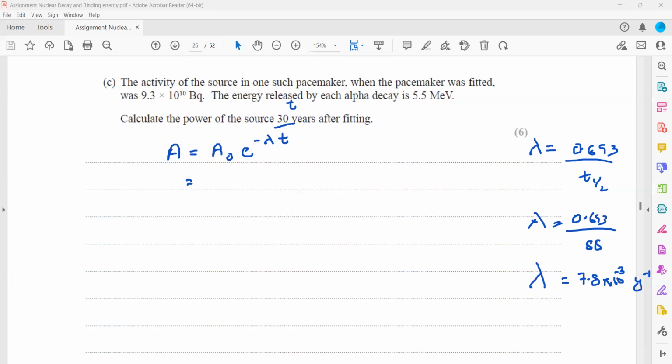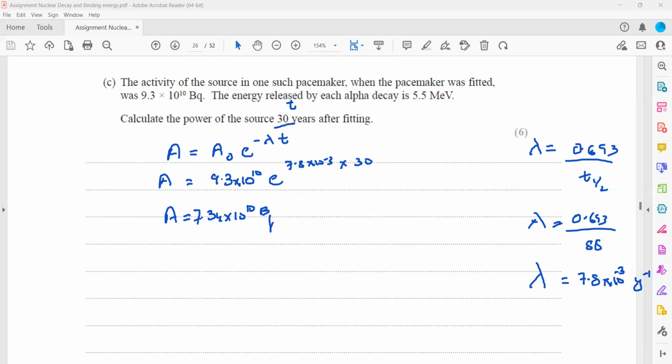A naught, the original activity, was 9.3 times 10 to the power 10. Lambda was 7.8 times 10 to the power minus 3, and the time is 30. So we get the new activity after 30 years, which is 7.34 times 10 to the power 10 becquerel.